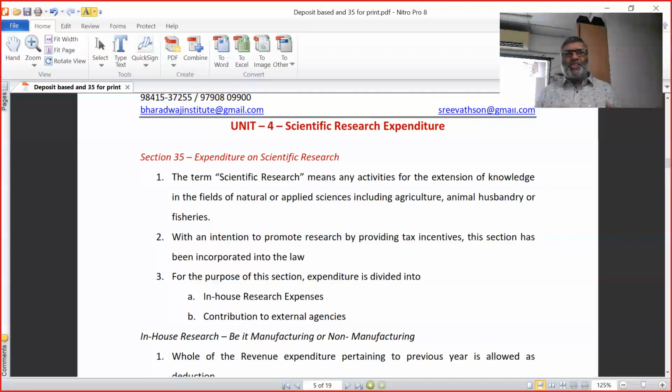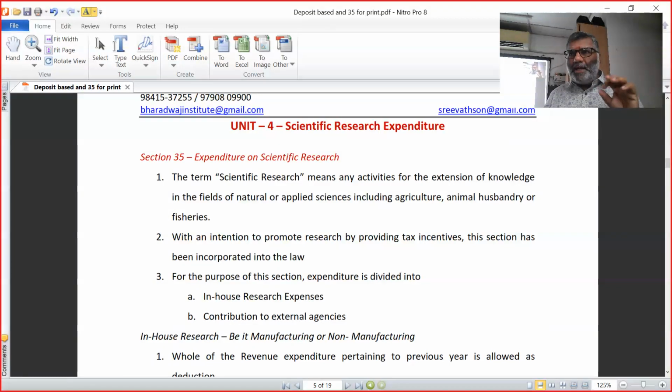The extreme left is scientific research expenditure. The second one is specified business. The third one is amortization.